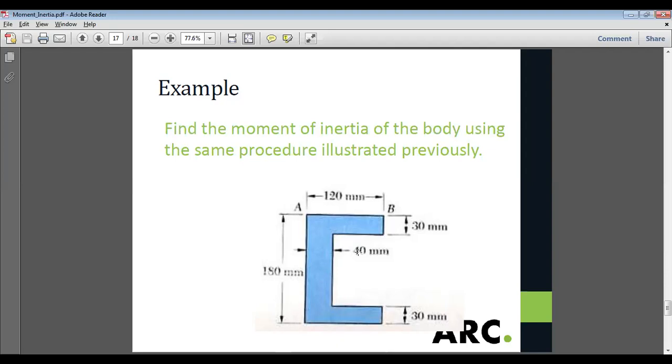Here you can see that the height is 180 millimeter, the width is 120 top, 120 bottom, and the thickness of the legs is also 30, whereas the thickness of the column is given as 40. So first of all, we will find the centroid of the different sections.